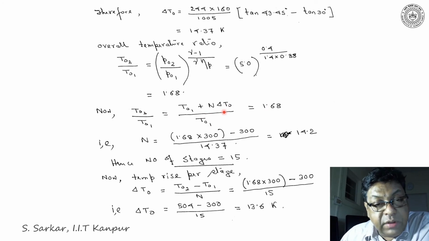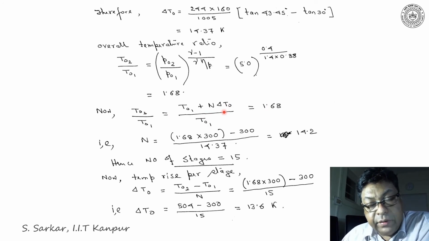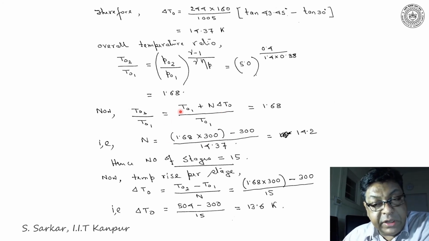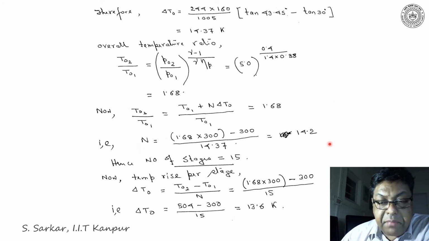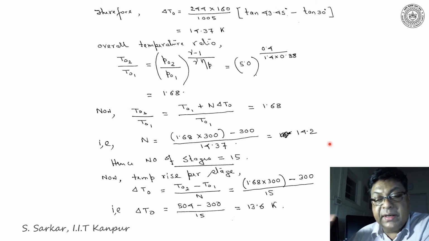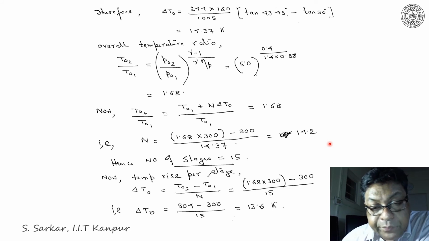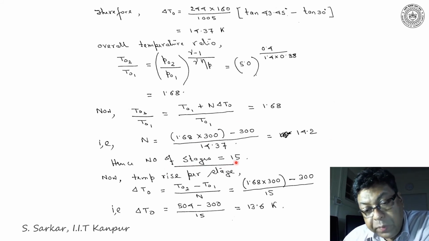Now I know the value of del T0, that is 14.37. I know the value of T01, that is 300. So I can evaluate N. When I have evaluated N I have got 14.2. But number of stages cannot be a fraction, so I have taken the immediately higher whole number. So the number of stages would be 15.